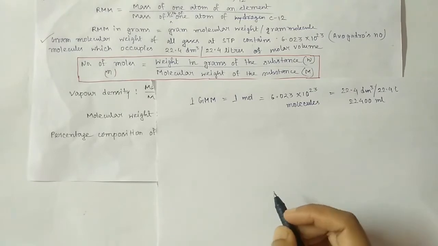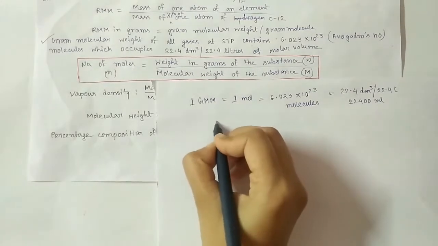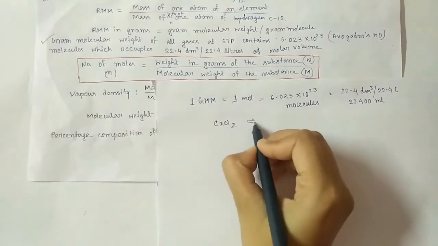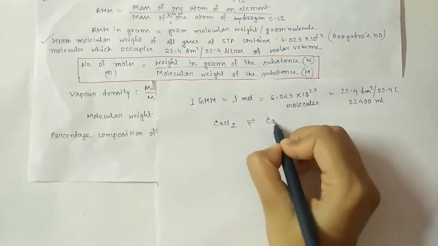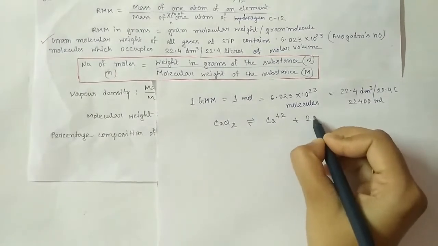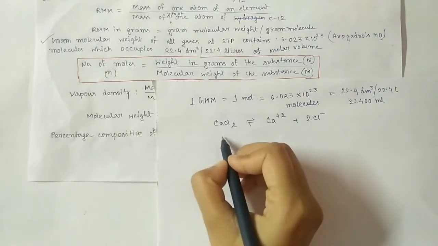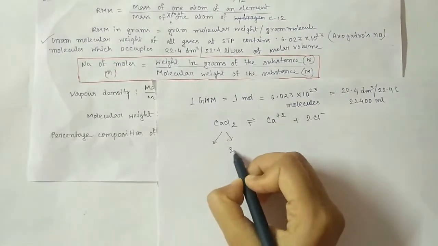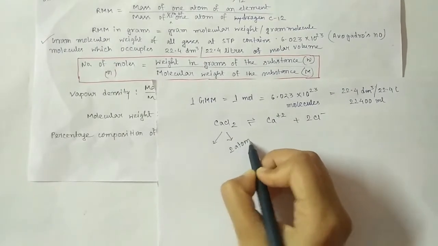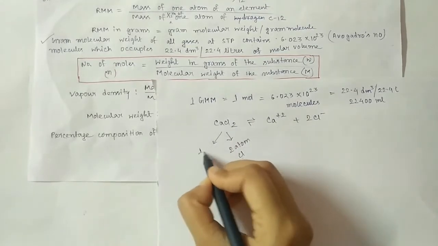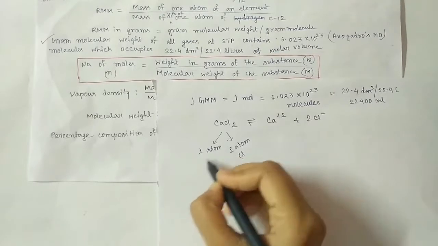Now one thing I must say, for example, CaCl2. If we dissociate CaCl2, there will be 1 Ca2+ ion and 2 Cl minus ions. If we watch it carefully, we will find that there are 2 atoms of chlorine and 1 atom of calcium.